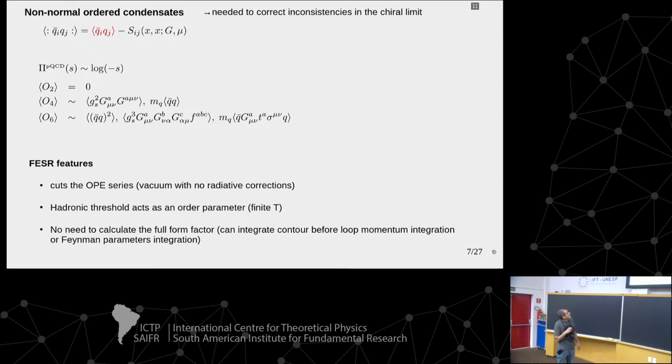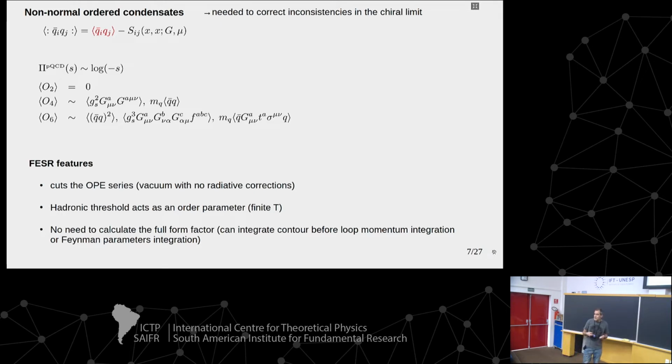For example, here the quark condensate is the non-normal ordered condensate, plus this is the propagator, the full propagator, including the gluons. So this fixes this inconsistency, and then you have, for example, the perturbative part. It's usually a log of minus s.